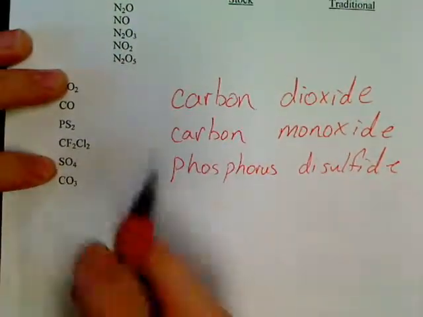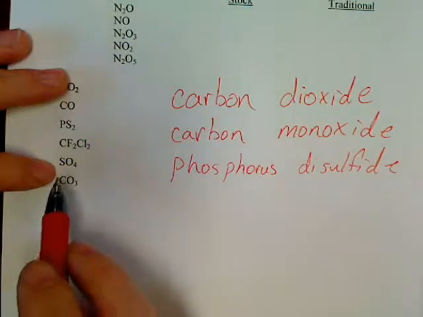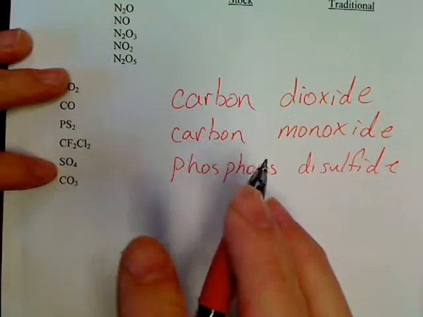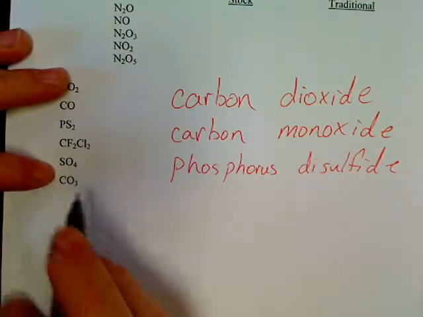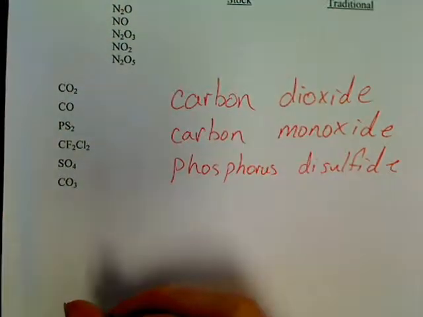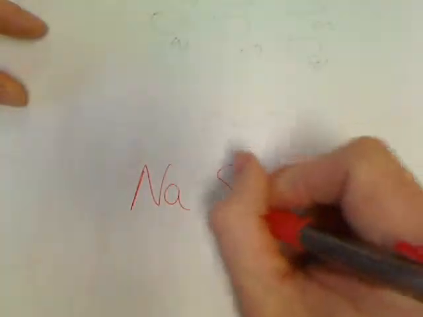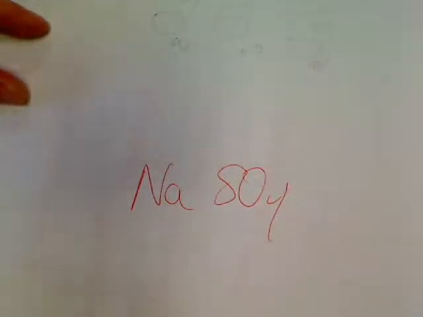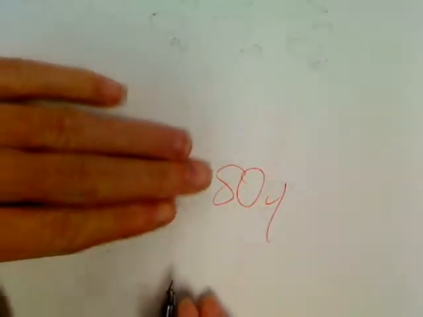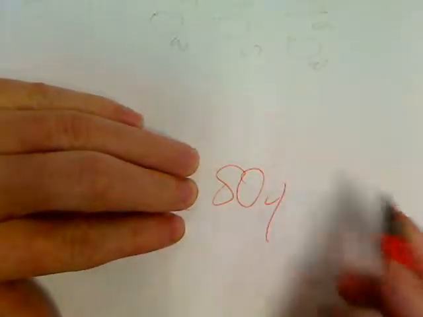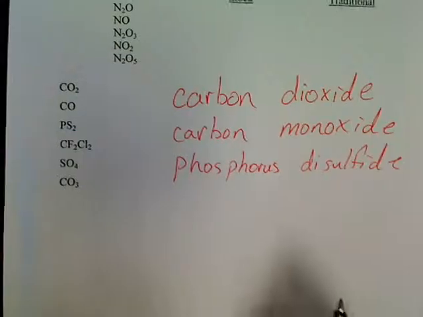So now a lot of people mess up SO4. They see SO4 and they go sulfate. No, SO4 is not called sulfate. We would call it sulfate if we saw like NaSO4, then we'd say sulfate. This is just SO4, no plus, no minus, all sitting on its own.